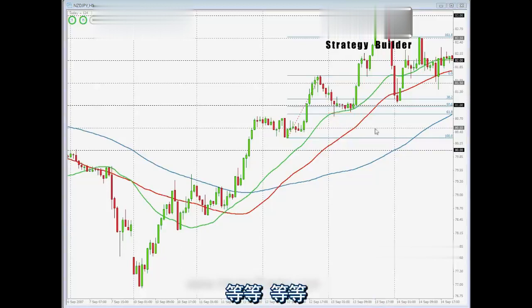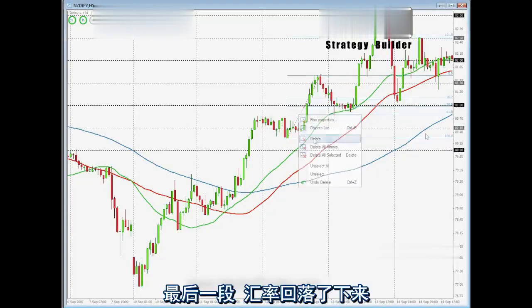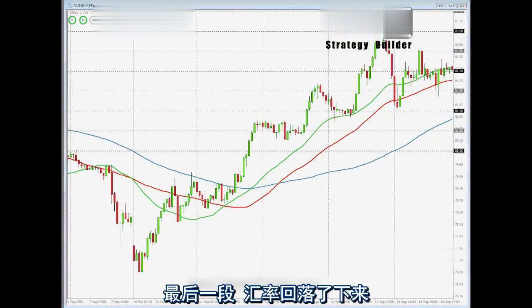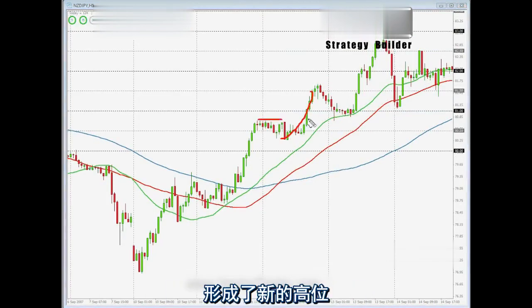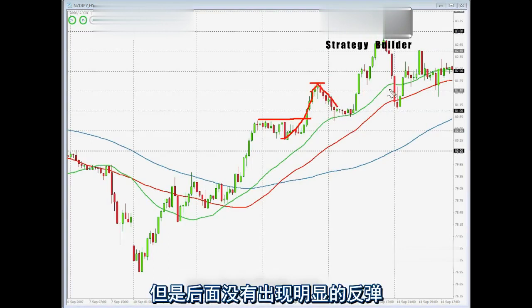Okay, price retraces back on the last swing, in the direction of the main trend. We have a new swing making new highs. We go through the swing tops, we go through the retracement part of the swing, and then we don't quite get a clean pullback, a clean bounce like in here, right?